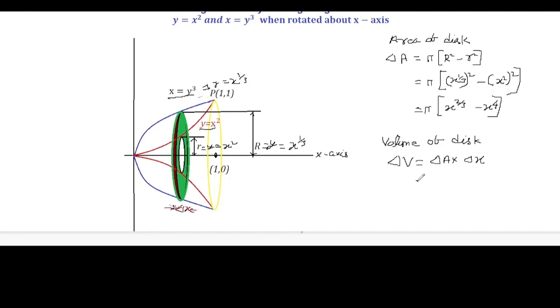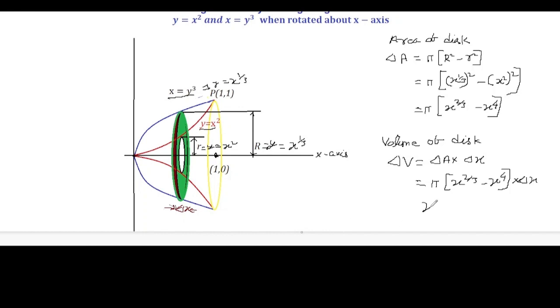So finally, the volume of the disk we are getting is pi times (x to the power 2/3 minus x to the power 4) multiplied by delta x. And here x is varying from the origin to this point (1, 0).